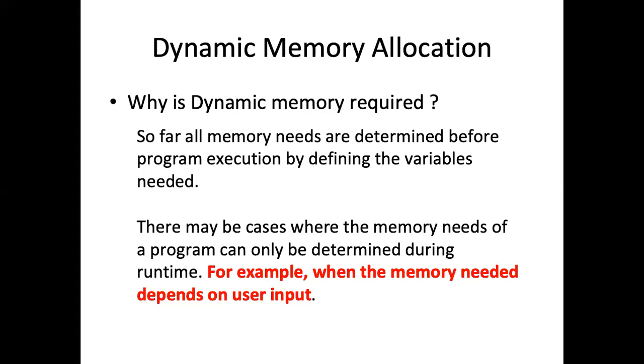Okay, so what if there is a dynamic requirement from the memory side? So while you are running the program, let's say कि हमने एक program लिखा जिसमें हम marks enter कर रहे हैं of students, and there are like 10 different subjects, and the enrollment in all these different subjects is different, right?